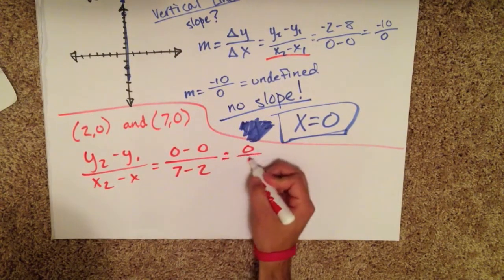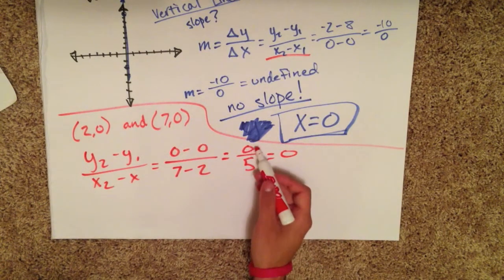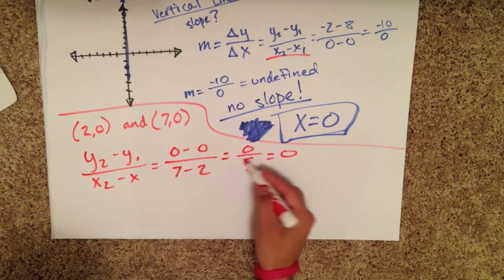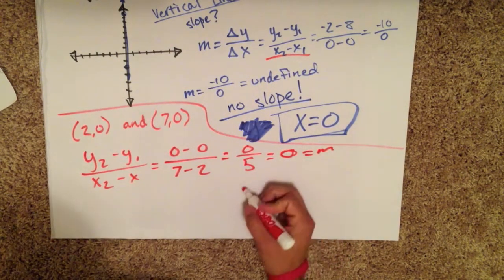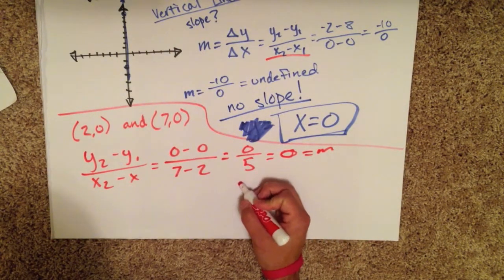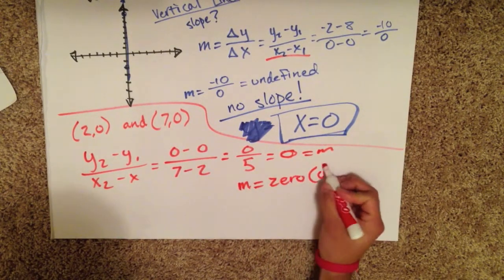That gives us 0 over 5, which is equal to 0. Since the 0 is in the numerator and not the denominator, this is equal to 0, which is our slope. So this one has a slope of 0. So m equals 0.